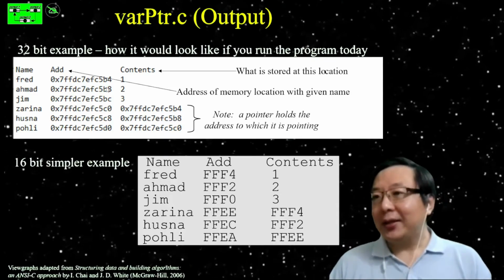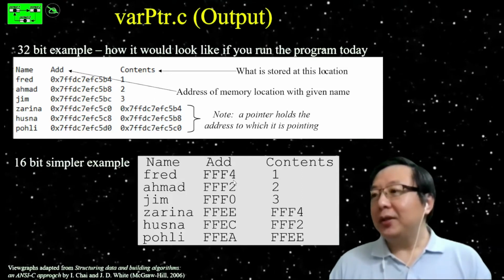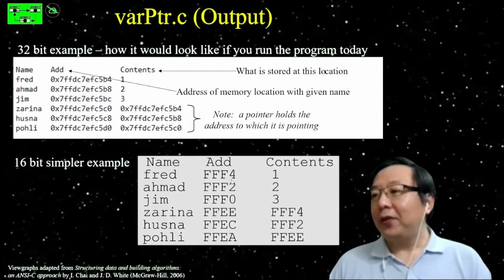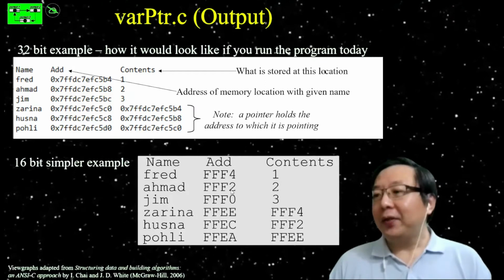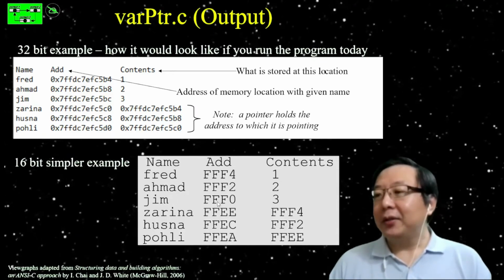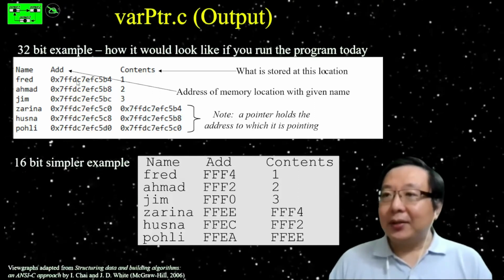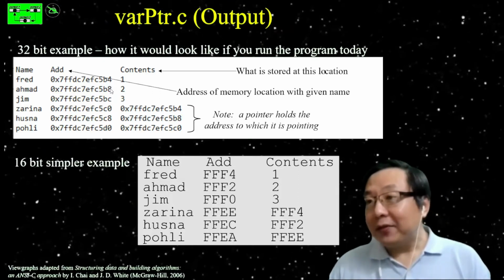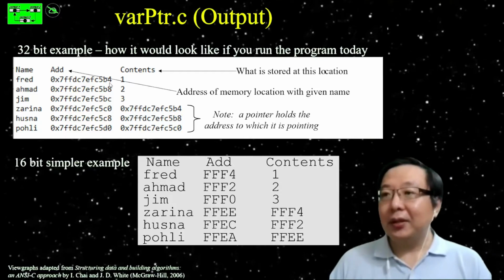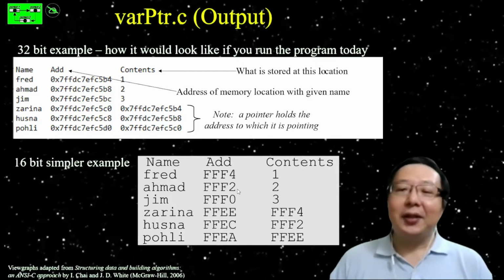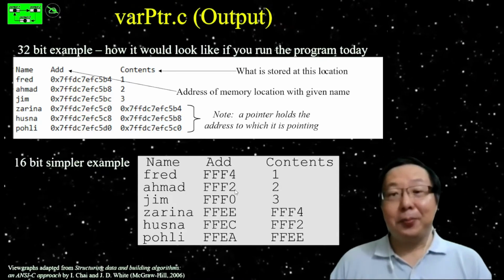But you can see that there's a direct correspondence. So here we have FFF4 for Fred, and FFF2 for Ahmad, and FFF0 for Jim. And by this I mean the addresses. Whereas here you have this huge long thing which ends in 4 and 8 and C, which is basically telling you the same thing but much longer.